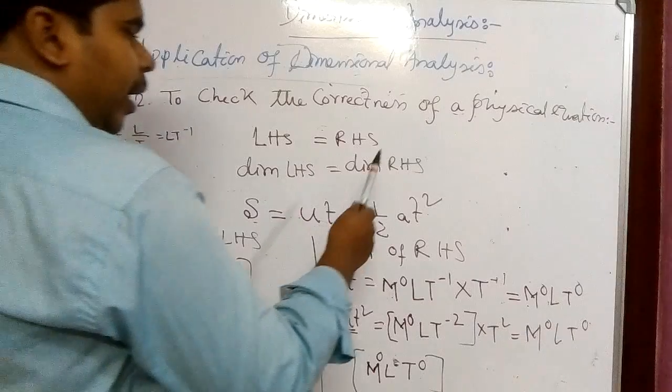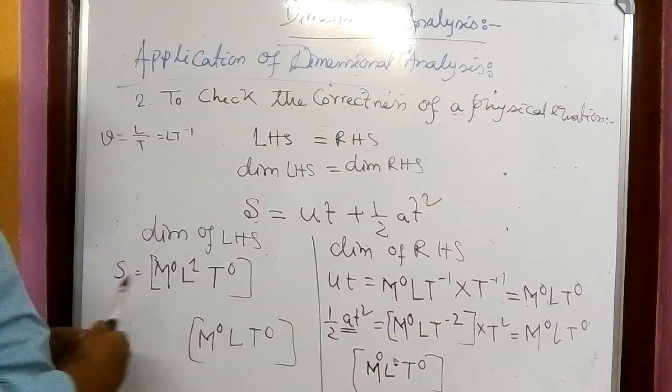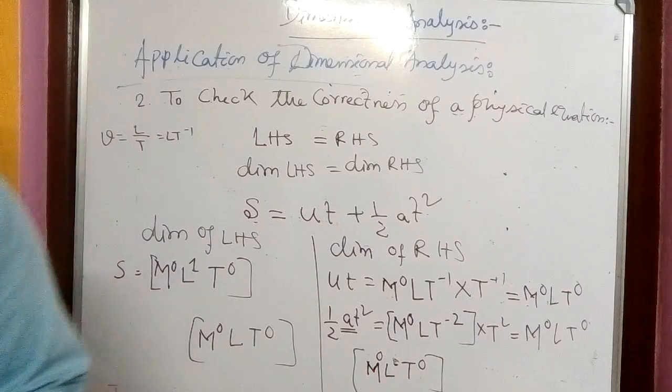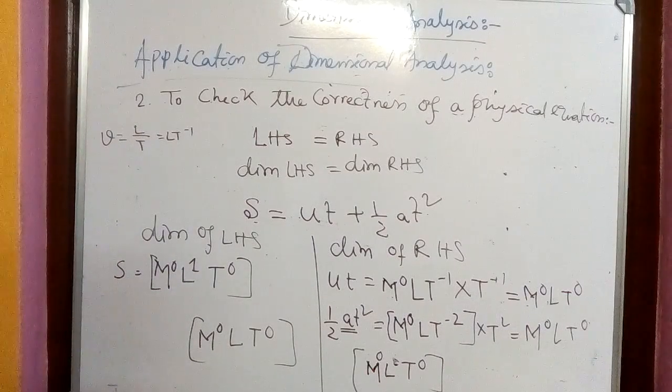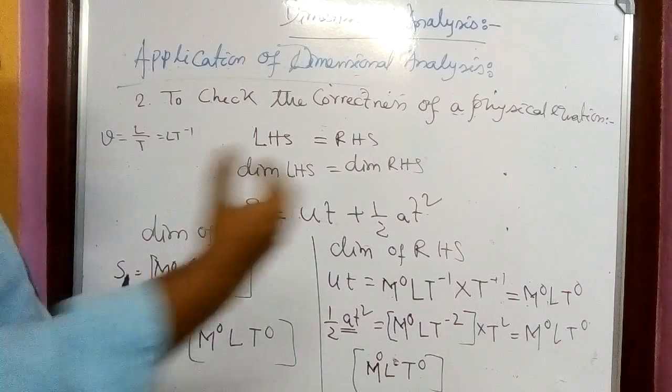If it is L and if it is L, if there is a minus sign also, the dimension will be L, because we can add or we can minus only those quantities which are same. We can minus length from length, we can add mass to mass, we can add volume to volume, but we cannot add mass to time.